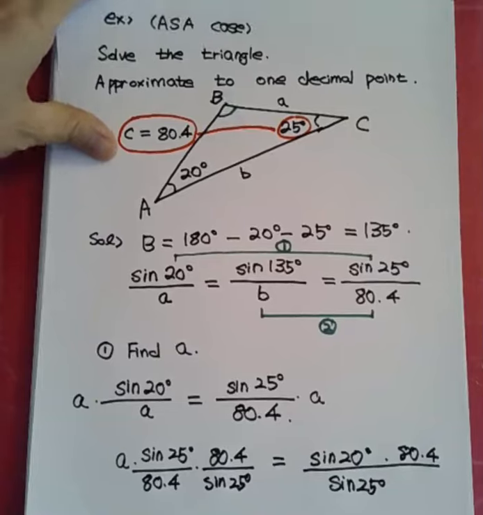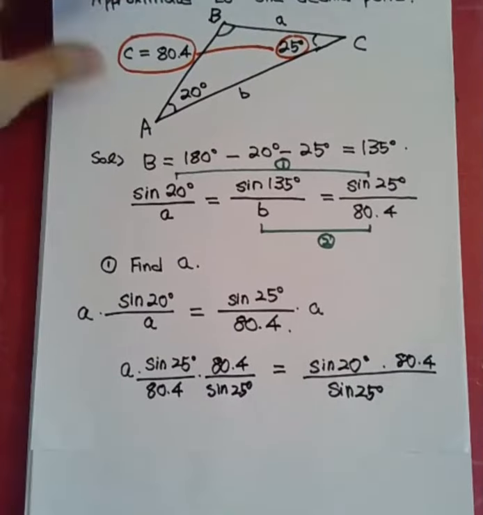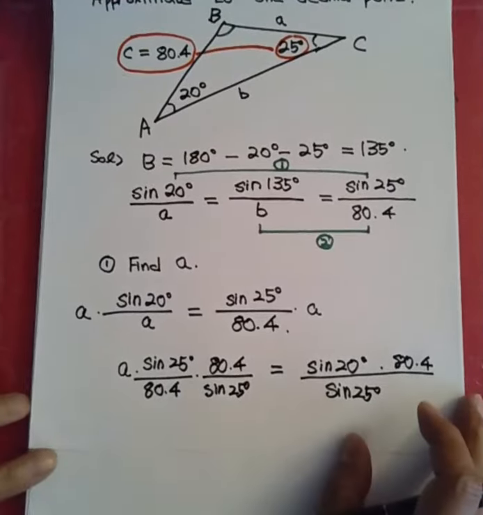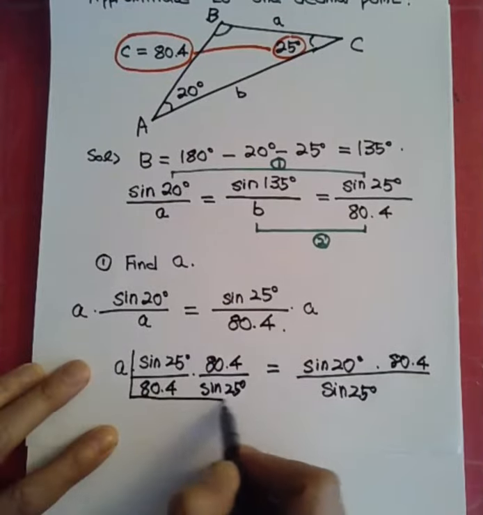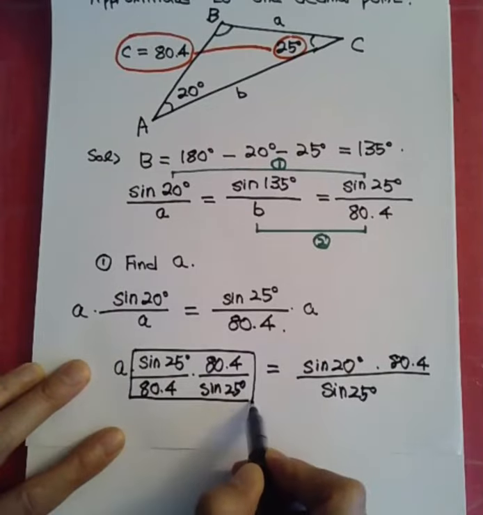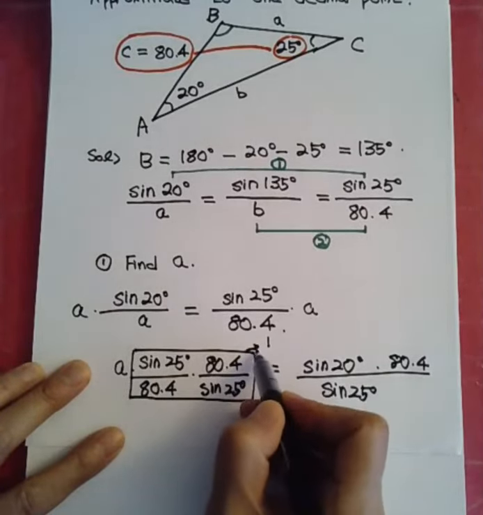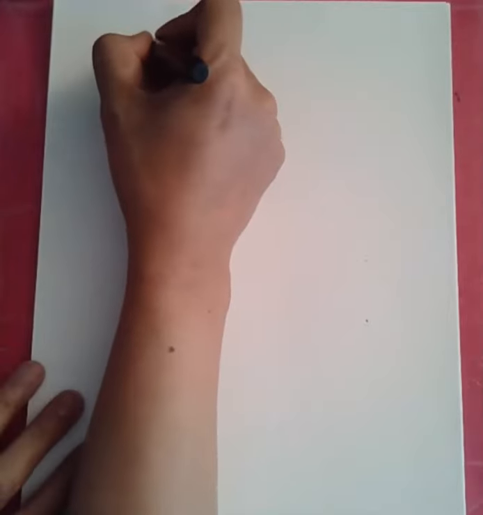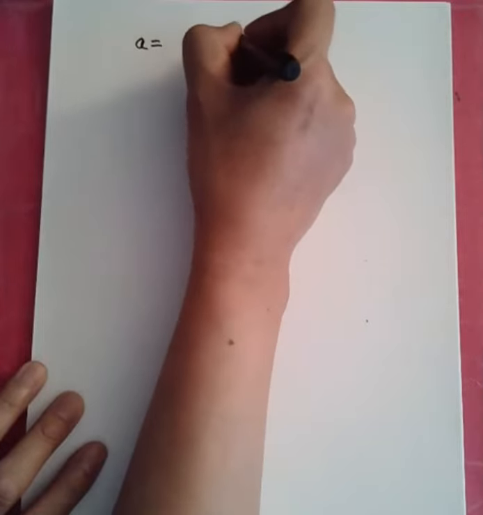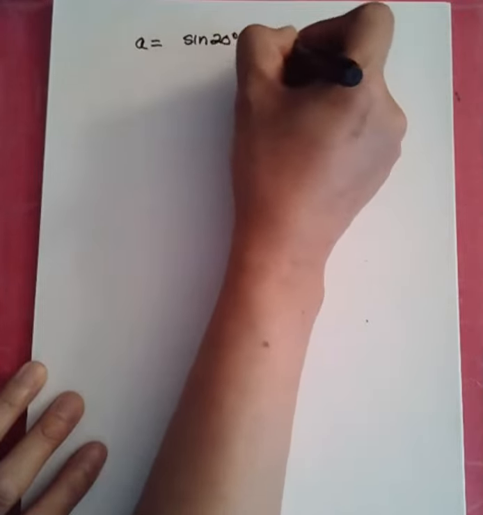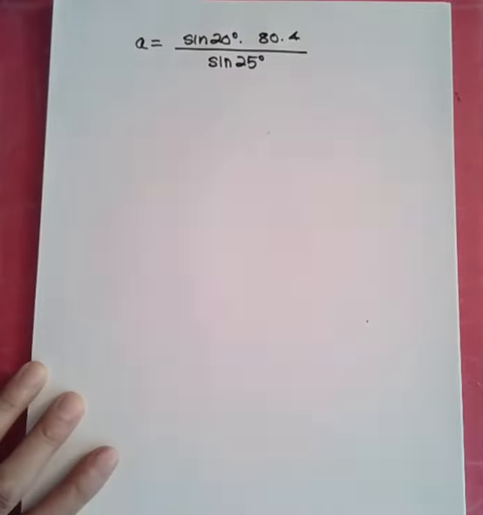You will use your calculator again. I will not show you how to use the calculator again because I already demonstrated it with the previous problem. So A is sine of 20 degrees times 80.4 divided by sine of 25 degrees.